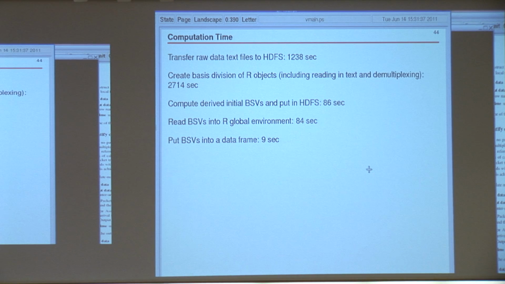Transferring the raw text files from just Unix flat files into the HDFS as text files took 1,238 seconds. Okay, so what, 20 minutes or something like that?